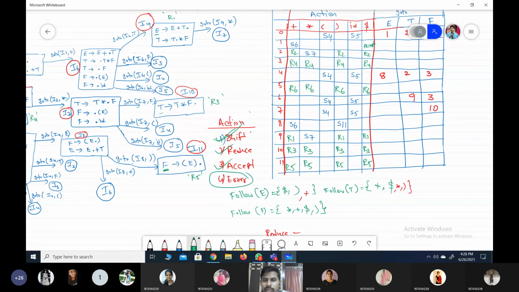In the parsing table, if any entry is not filled, then all the unfilled entries in the parsing table are treated as errors. Is it okay, everyone?